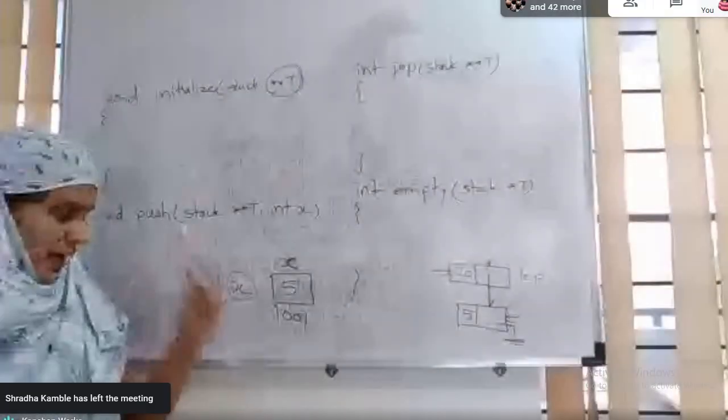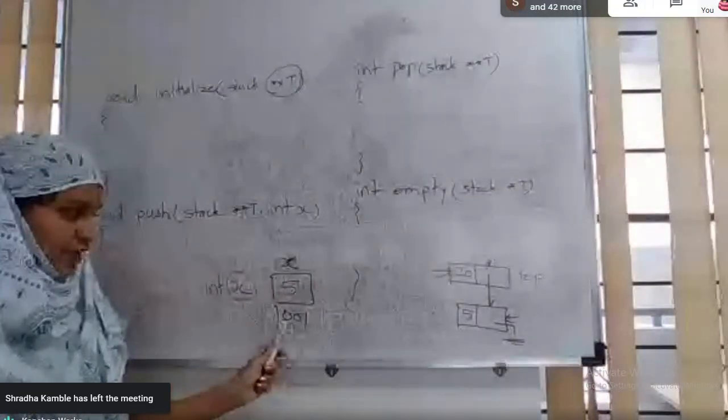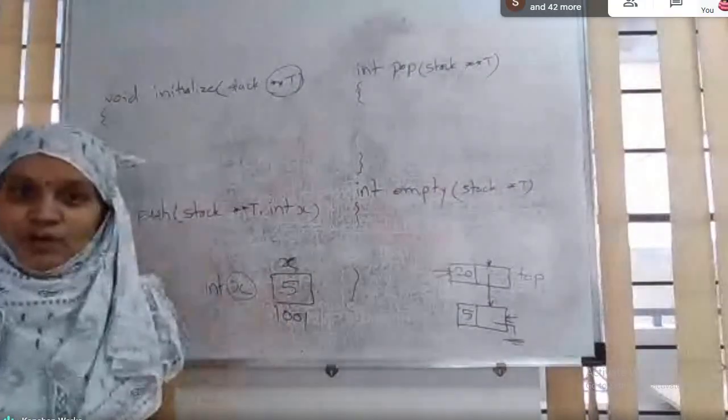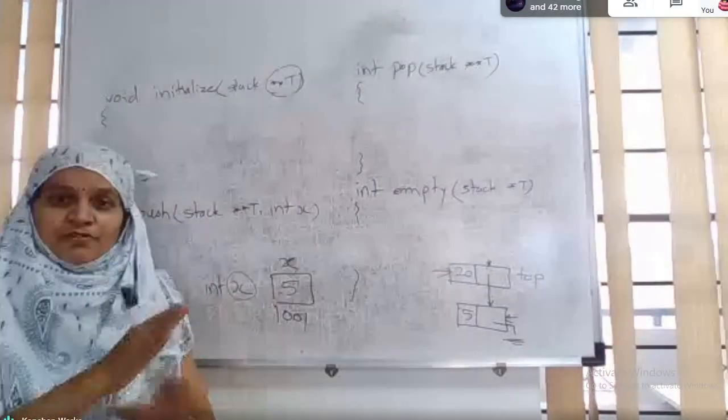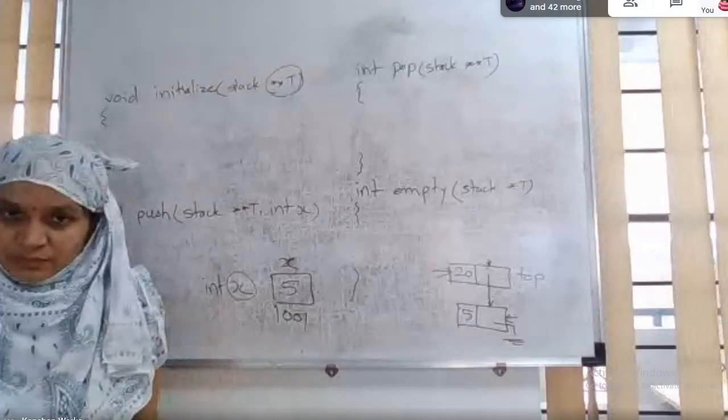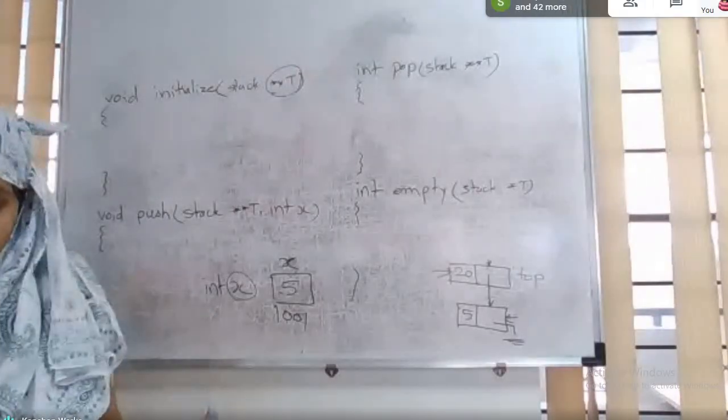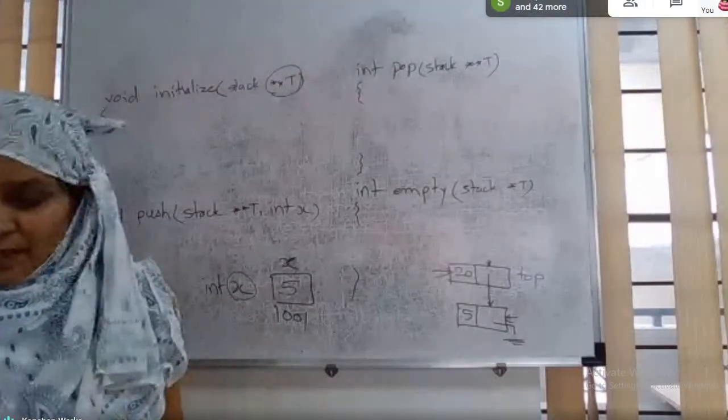But when I am passing the address of that variable where it is stored in memory, then there is no chance of changing the value. This is the difference between pass by value and pass by address.